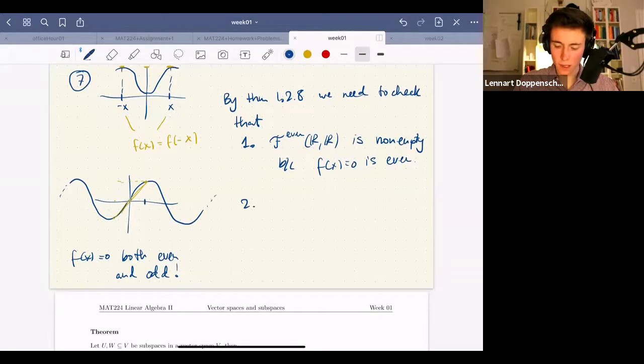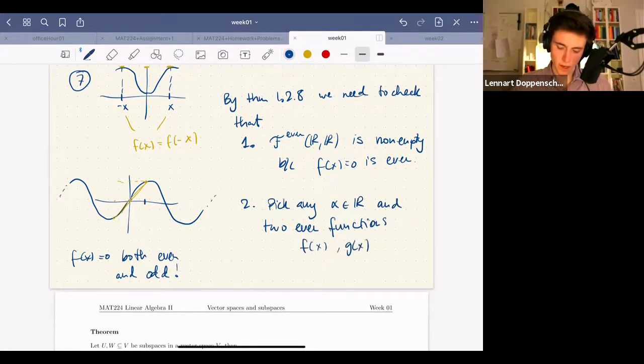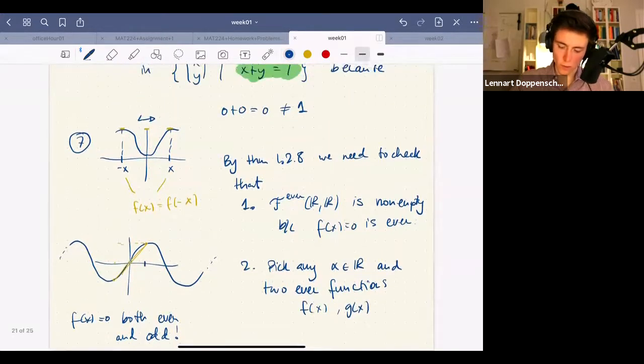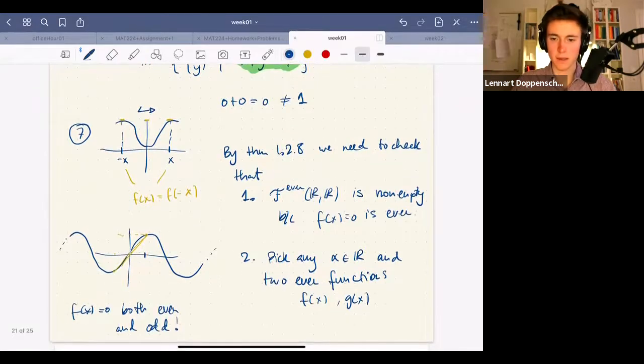And second of all, pick any real number alpha and two even functions f of x, g of x. So we only assume that they're even, but nothing else is known. They could be technically anything. Okay, I need another page.